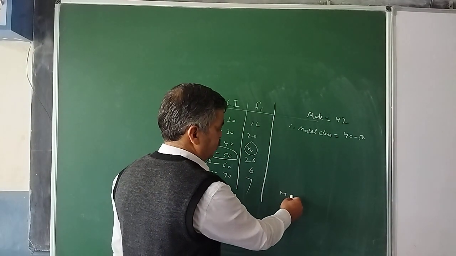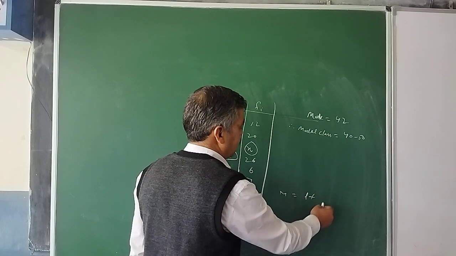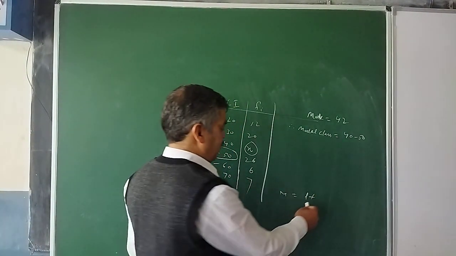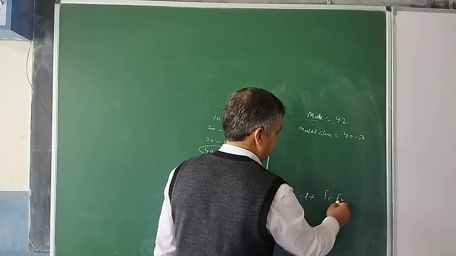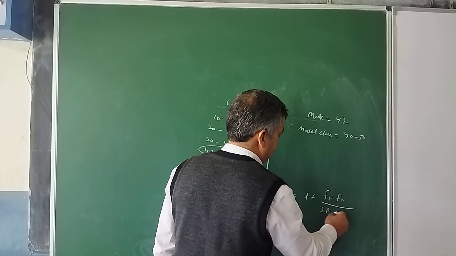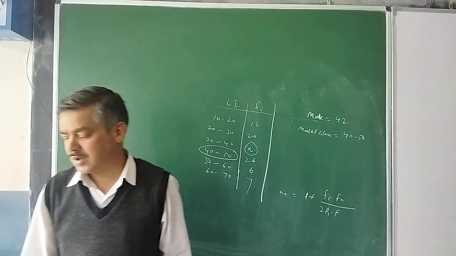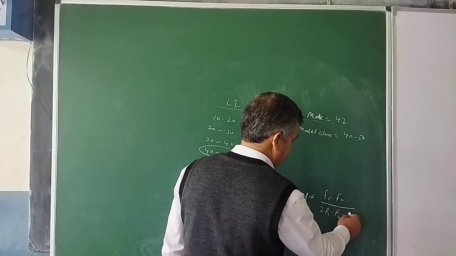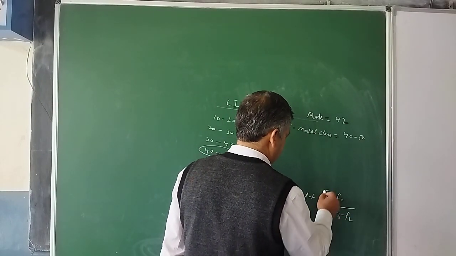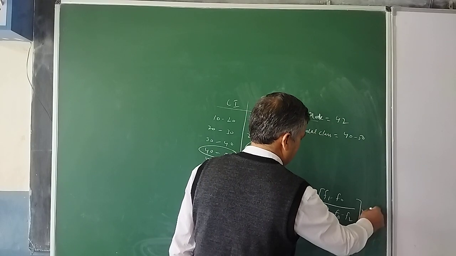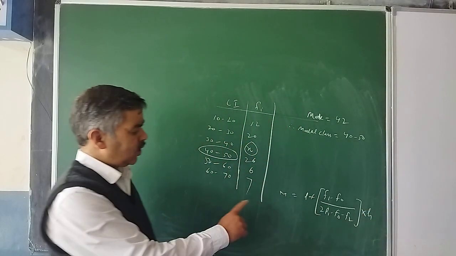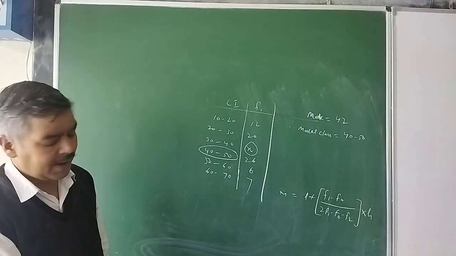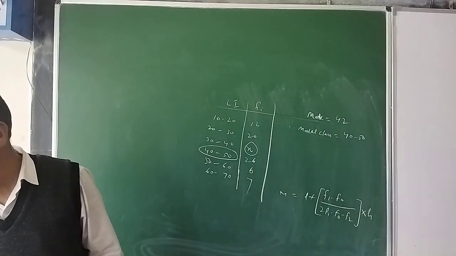Once you are clear with the model class, then according to the formula you need to calculate the mode, which is L plus F1 minus F0 upon 2F1 minus F0 minus F2, whole into H. We need all these F1, F0, F2, H and L to substitute finally here.